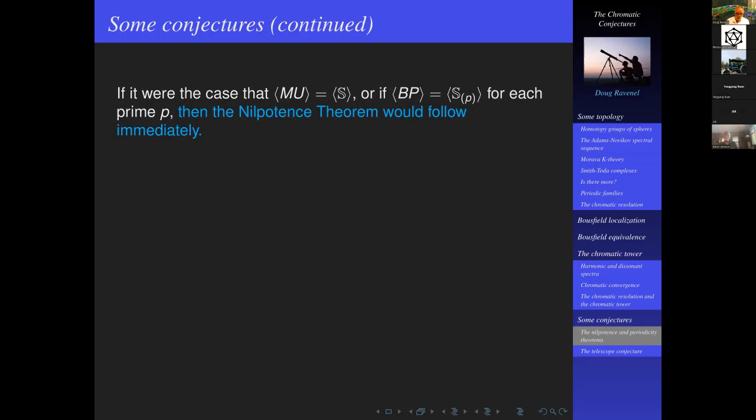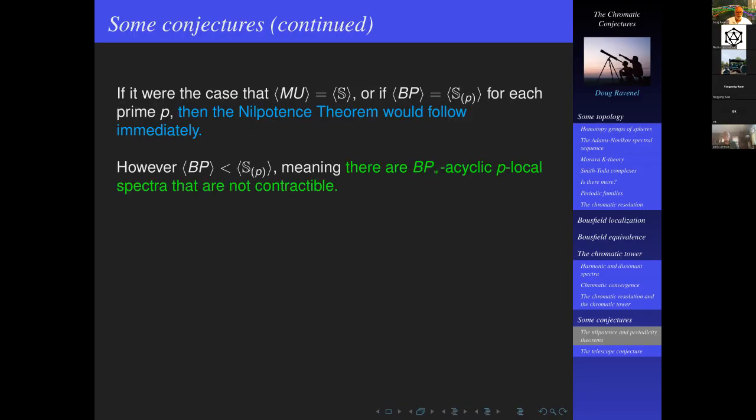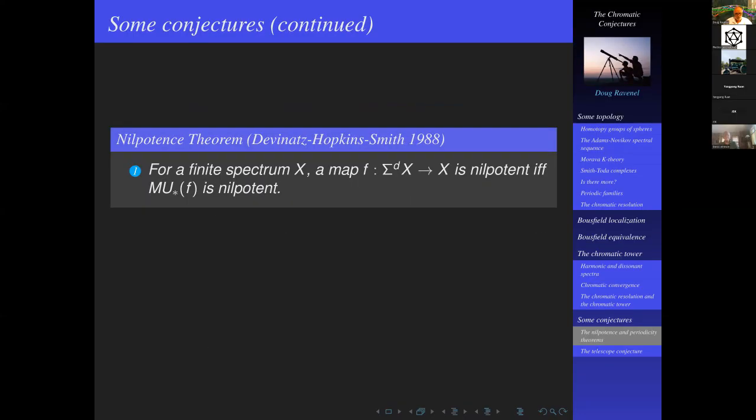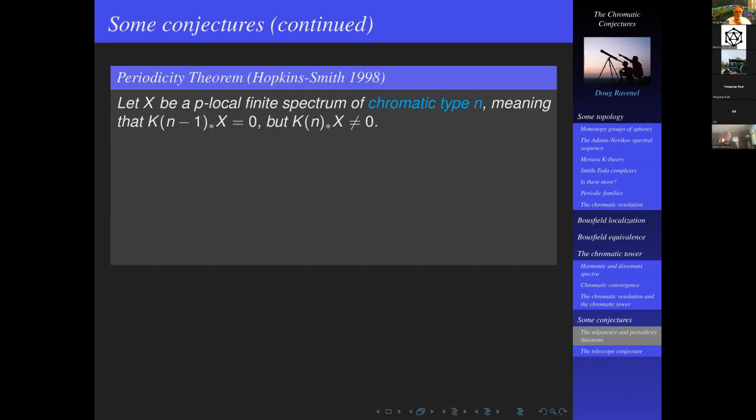Now, it's not true that the Bousfield class of MU is that of the sphere. There's a strict inequality there, and the proof of the nilpotence theorem is not a formality. It involves some serious computation.